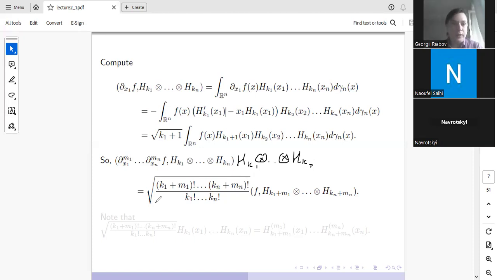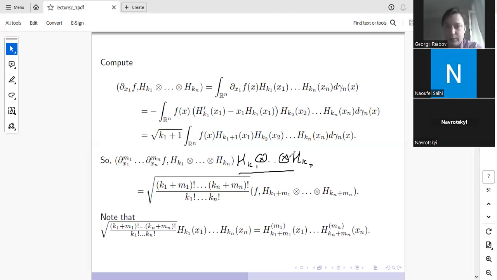Now note that when we multiply this by the root of this ratio, we exactly get the derivative of order m1 of h_{k1+m1}, and so on, derivative of order mn of h_{kn+mn}.